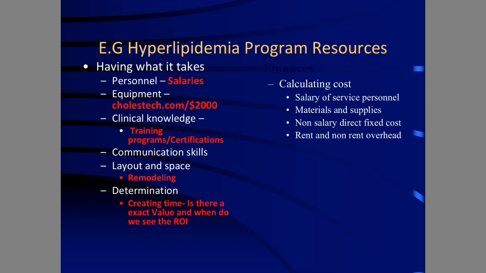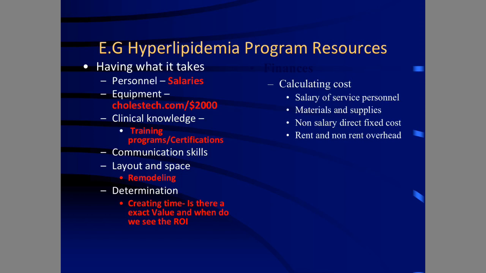Or we get into diabetes, we purchase point of care testing to do hemoglobin A1C. We know there might be a fixed cost of getting certified, and maybe that's a one-time certification, or maybe just like immunizations, we have to renew our license and get CE at least every 2 years. We also may have to do some remodeling, and there's a cost in terms of remodeling.